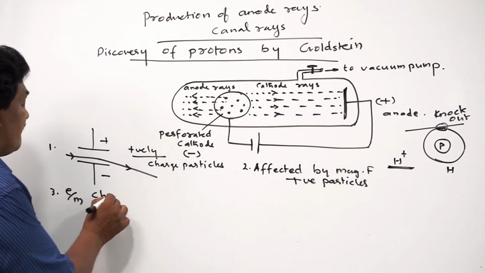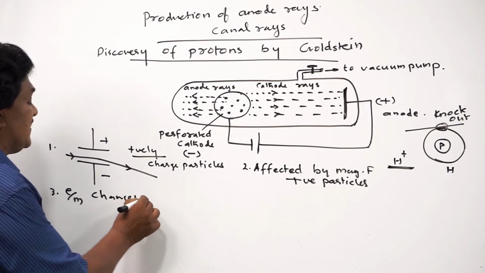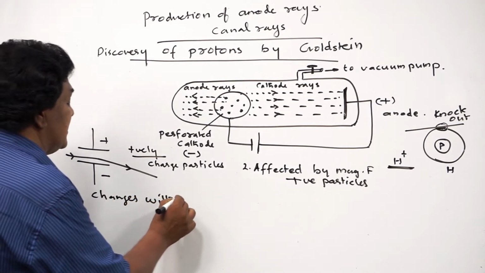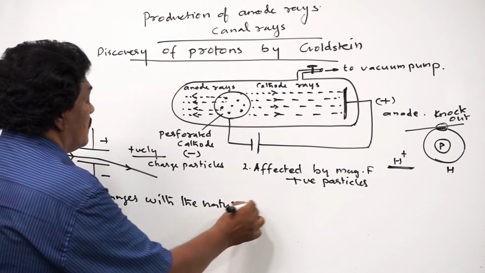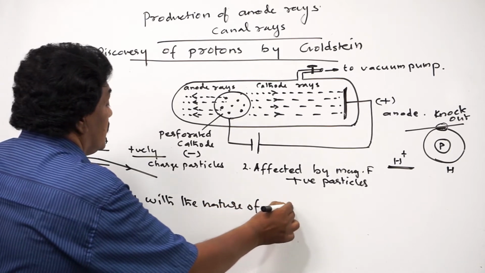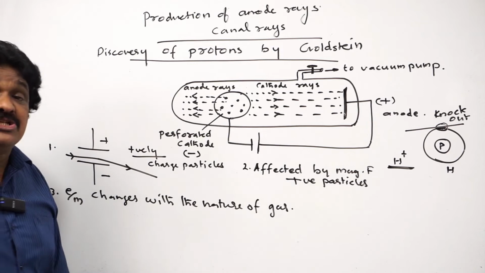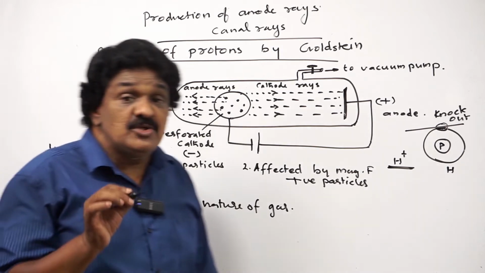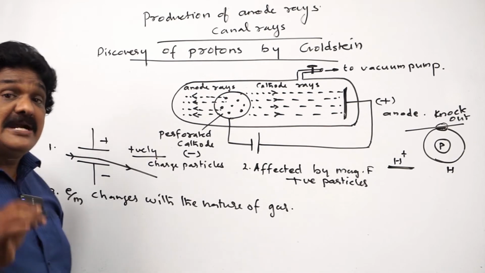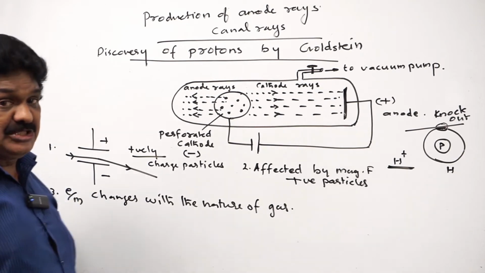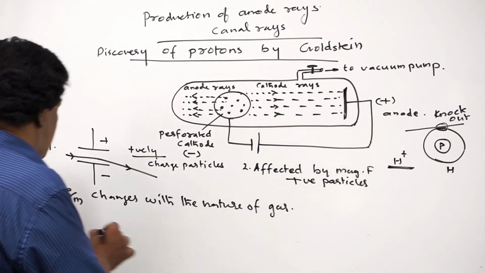So, e/m value changes with the nature of the gas. It was found that the positive charge of the particles present in anode rays was always an integral multiple of the unit positive charge, that is the fundamental charge.